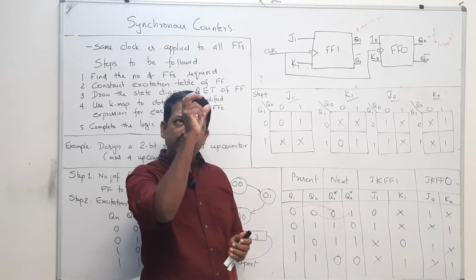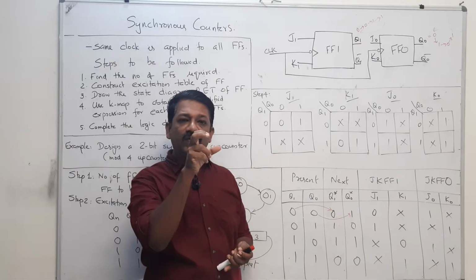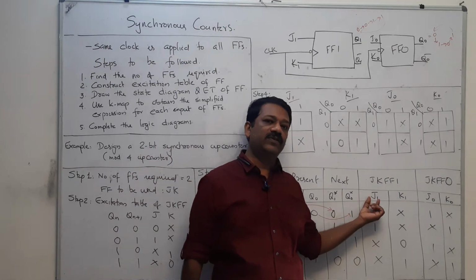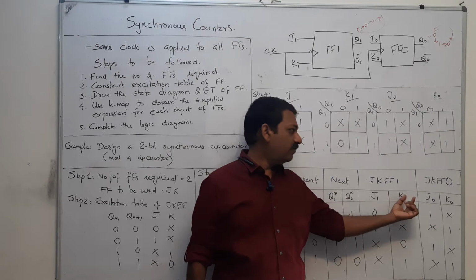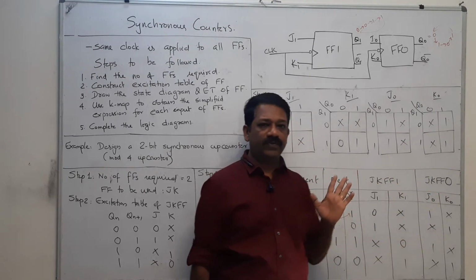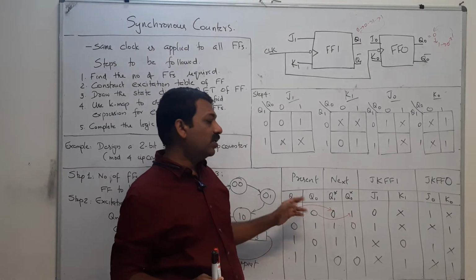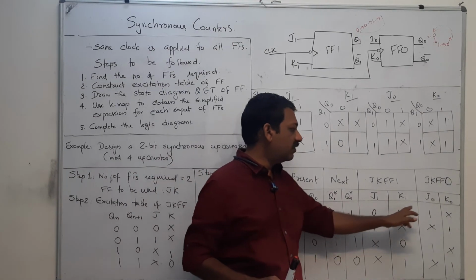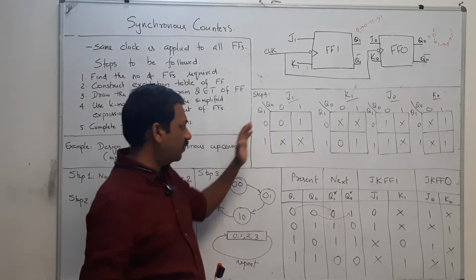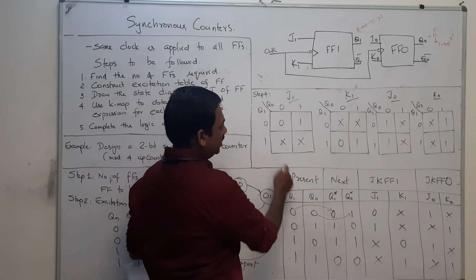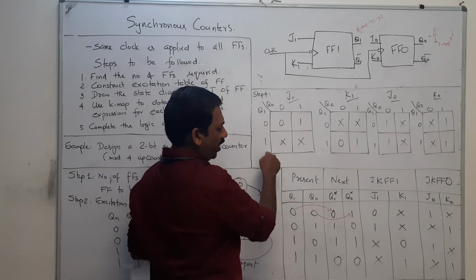Once you have the values of Q1 and Q0, you can easily find what should be the value of J1, K1, J0 and K0 using Karnaugh map. So here we have only 2 bits, that is why a 2 by 2 Karnaugh map.